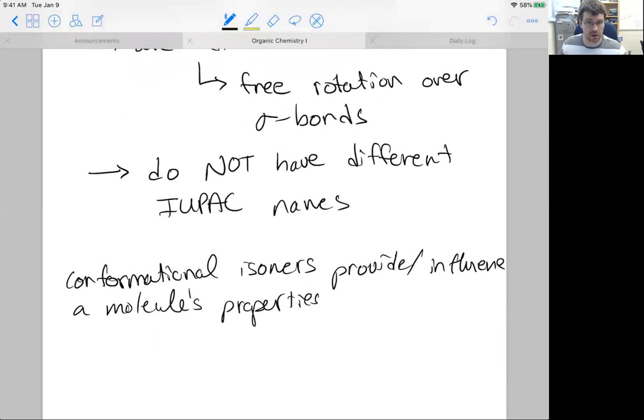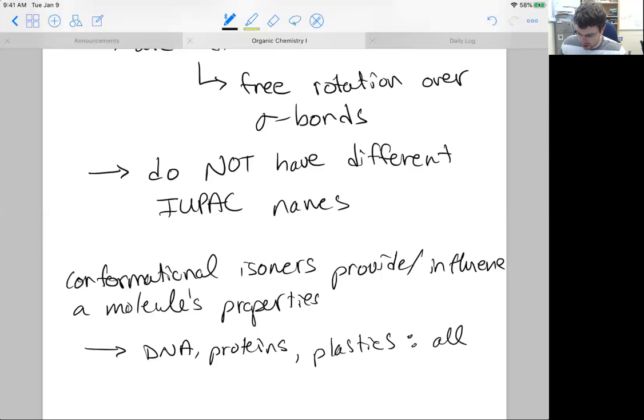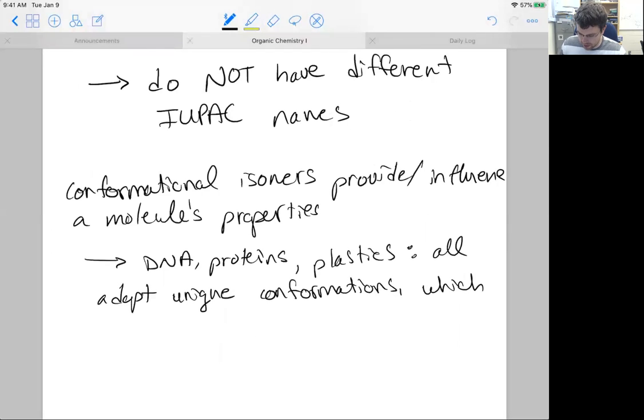But if you want to look at larger macromolecules like DNA, proteins, these are biomolecules, plastics, these sorts of things, all of these adopt unique conformations, which greatly influence their properties.